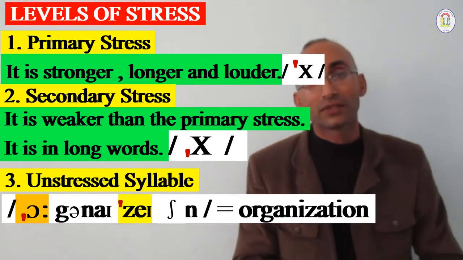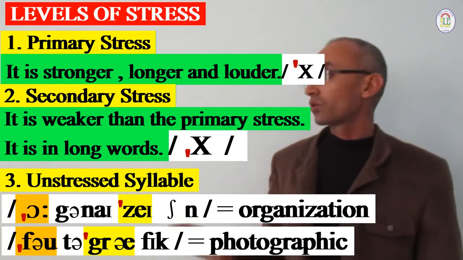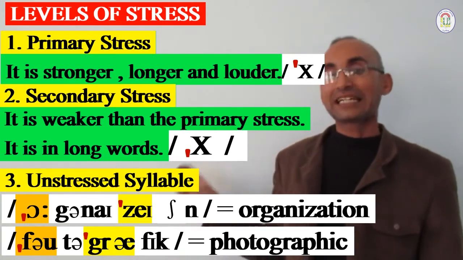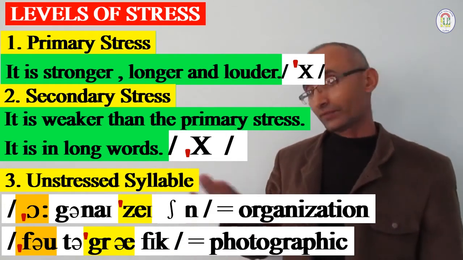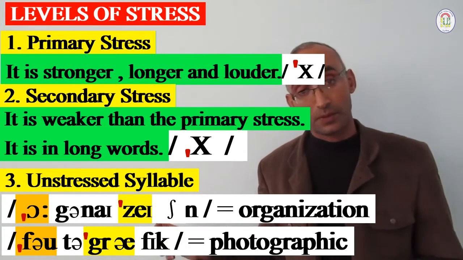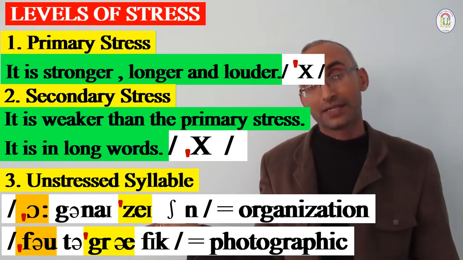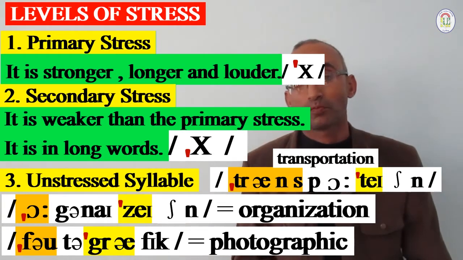The second word is photographic. So pho takes secondary stress, as you see here with its mark. To is unstressed. Gra is the stressed syllable, primary stress. Clear? And fic is unstressed, a suffix unstressed. Good.